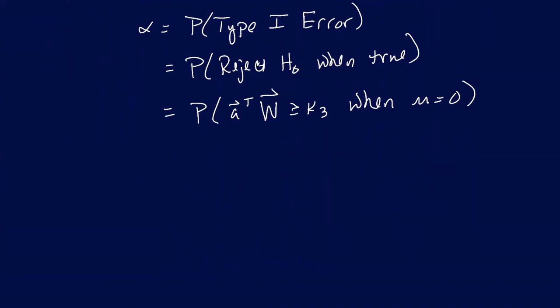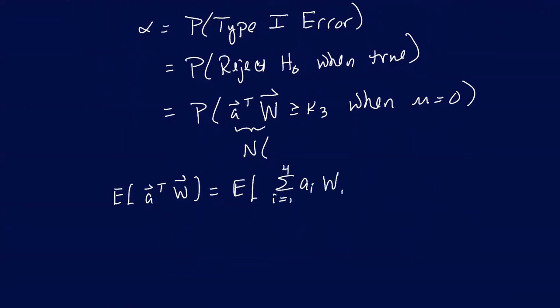I am going to keep the vector. So this is a scalar normal, and the expected value of A transpose W, I will write out as that sum. When you run the sum through and pull the AIs out, you're going to end up with the expected value of 0.